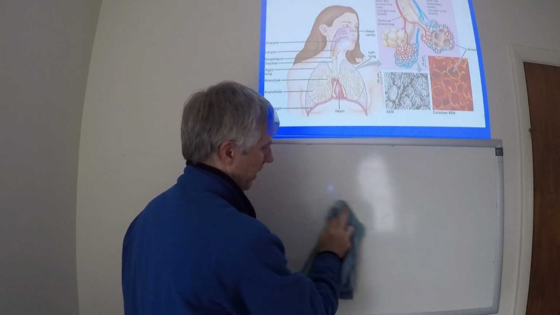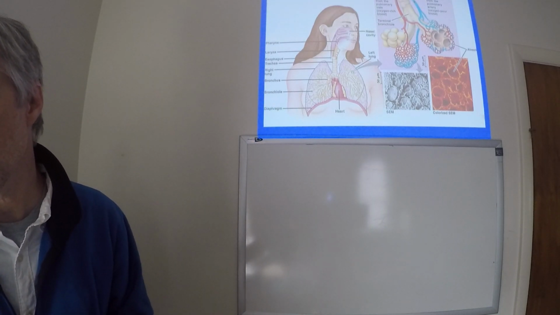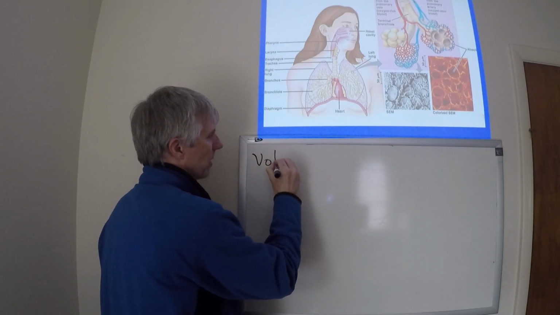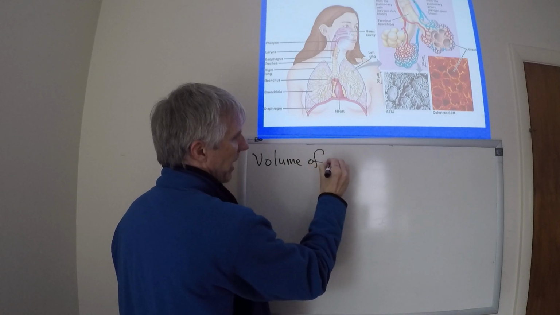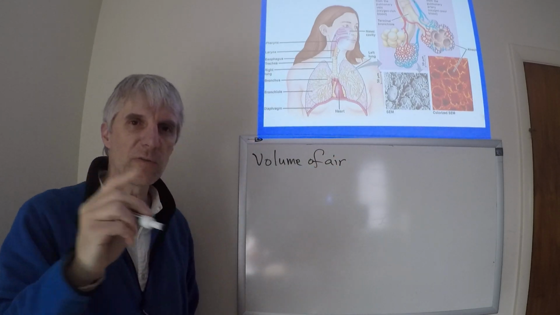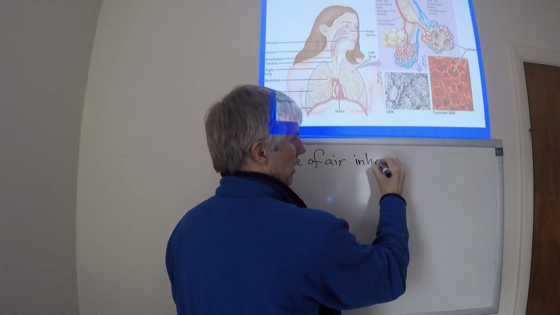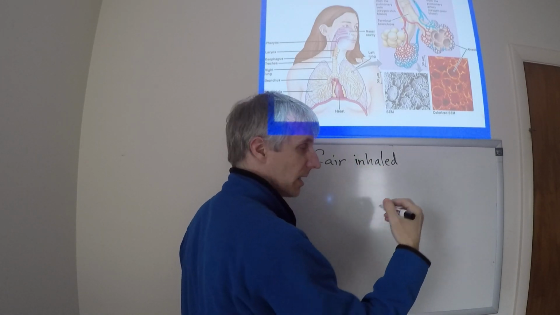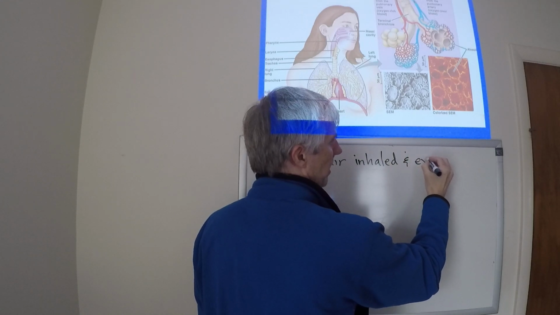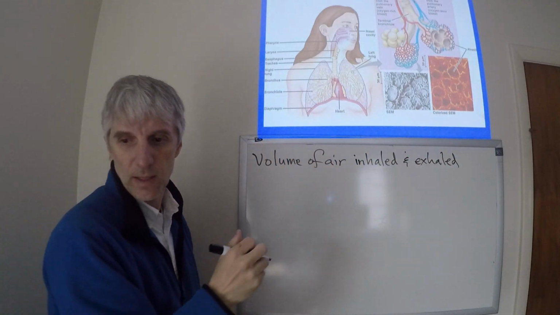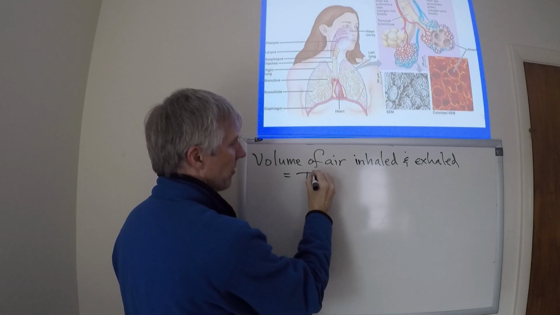Okay? All right. A few terms let's talk about. The volume of the air that is moved in and out through the lungs, inhaled air is air coming in, and exhaled air is the air that's moving out, is referred to as the tidal volume.